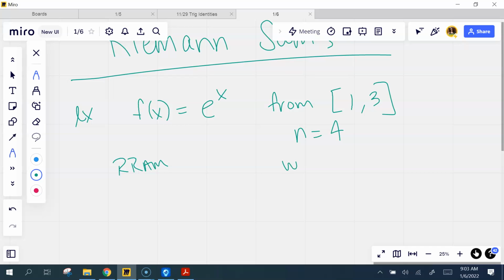So my width of each one, we take the biggest x minus the smallest x, and we divide it by the number of intervals we want. So we get 2 over 4, which is a half. So that means the width of each one. I'm going to now call this delta x. That's what my x is changing from each rectangle. Would it make sense to call it delta x? Okay, so let's say delta x.